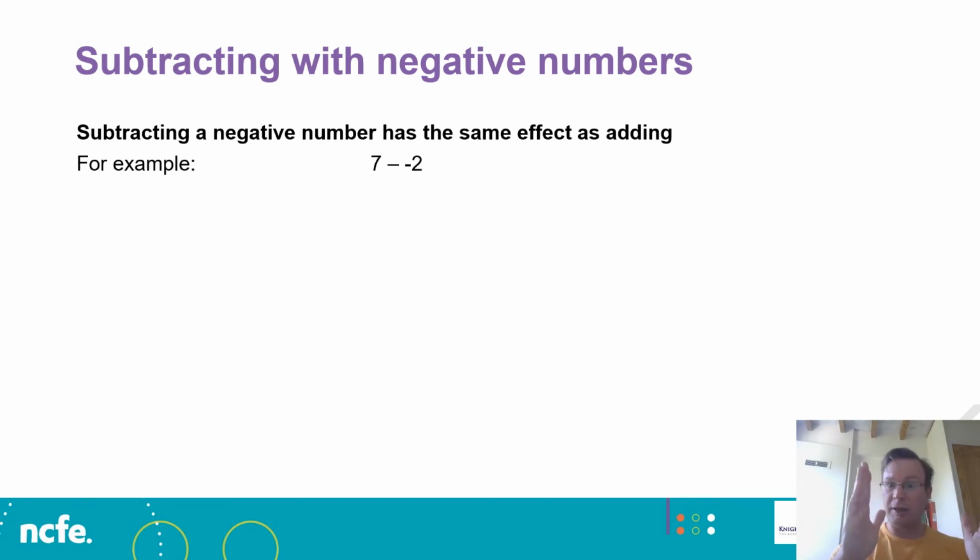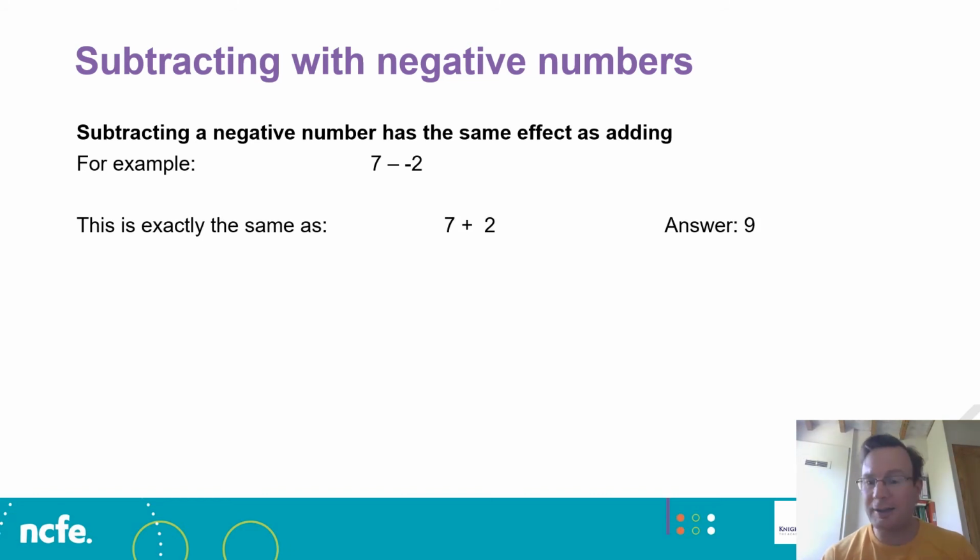If we're looking at that positive figure, what happens when we take away minus 2 from that figure? Are we going to go up to 9 or down to 5? Have a think. We're taking away 2 negative figures. So we go up to 9. It has the same effect as adding 2.